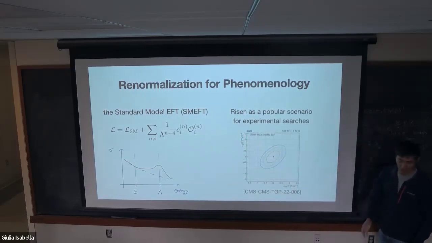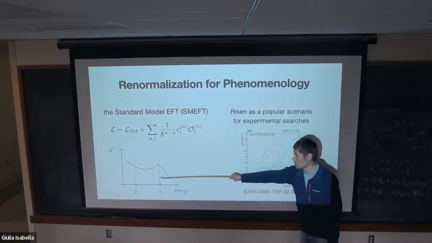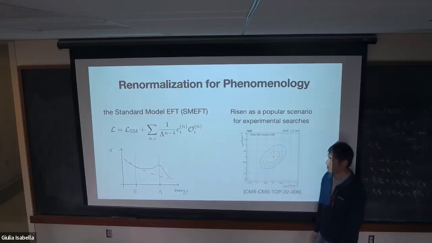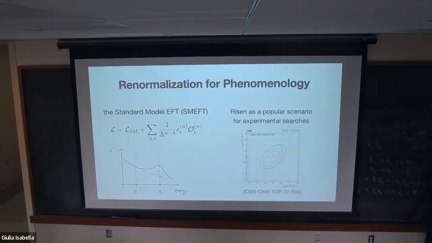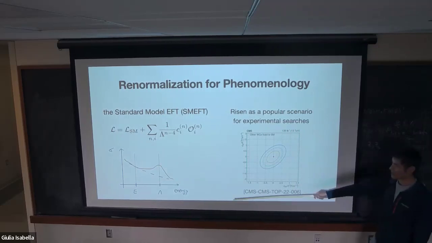The idea is that if the energy of our collider experiment is below the scale of new physics, say based on a new particle at scale lambda, you want to parameterize the deviation from the Standard Model background in a very systematic way.